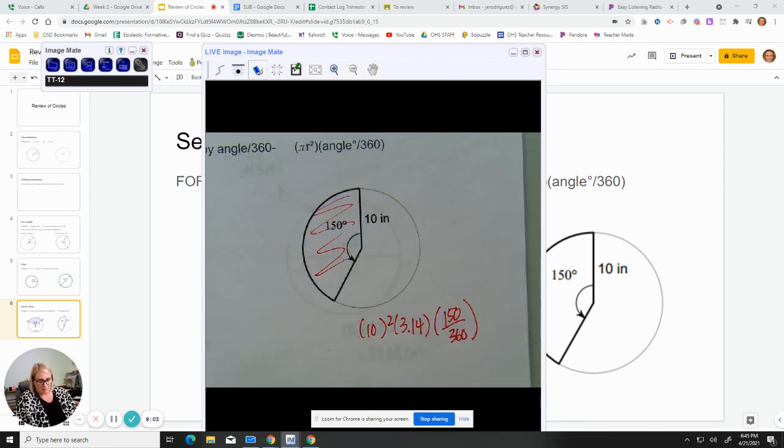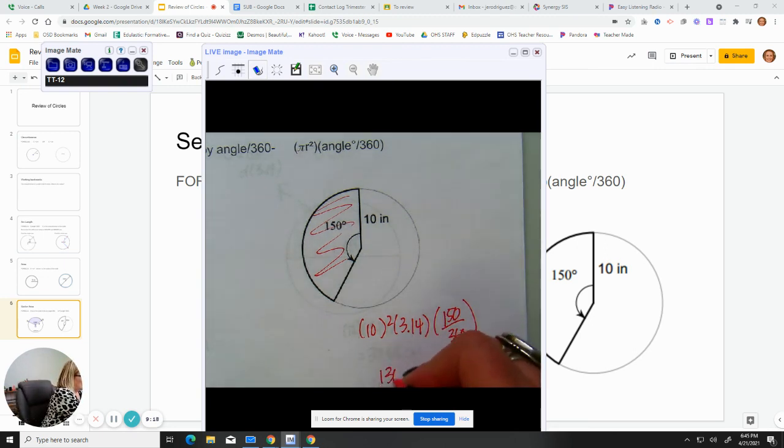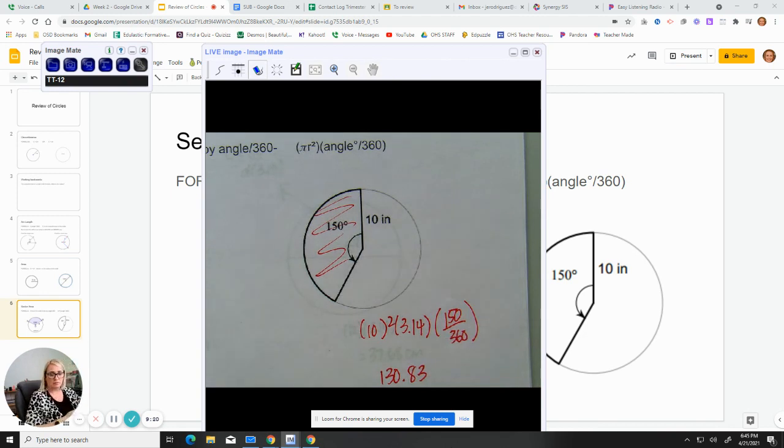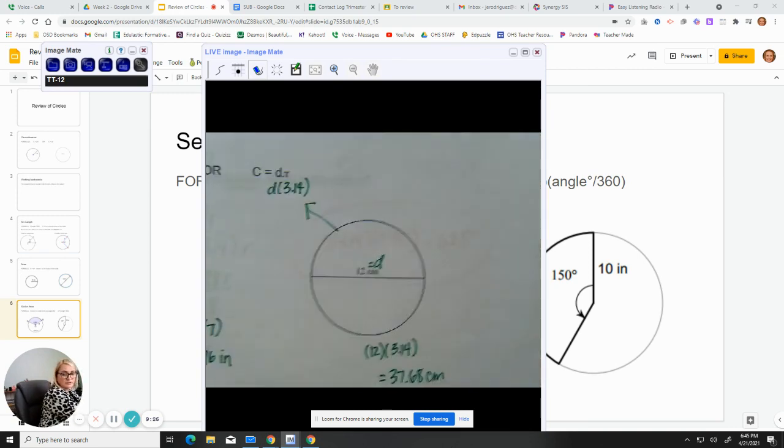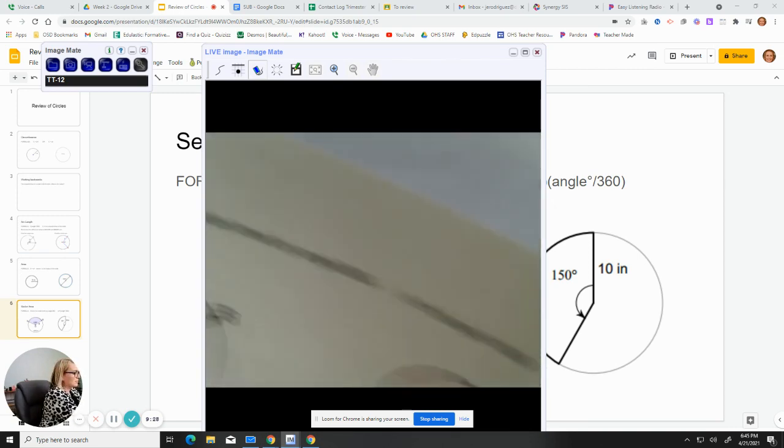So again, I'm going to plug it into the calculator. 150 over 360, and I get 130.83.